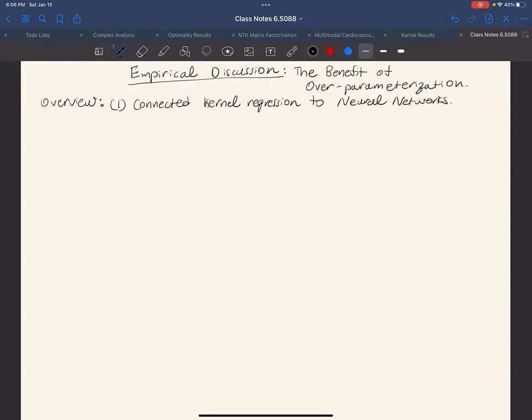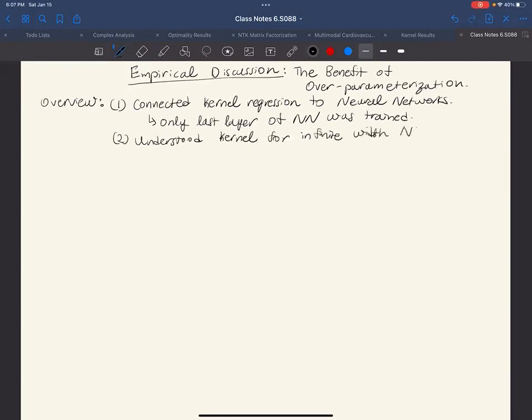And the way we did this is we connected to neural networks where only the last layer of a neural network was trained. And then what we did is we understood the kernel for an infinite width neural network where only the last layer is trained.